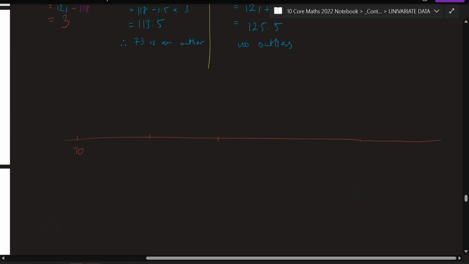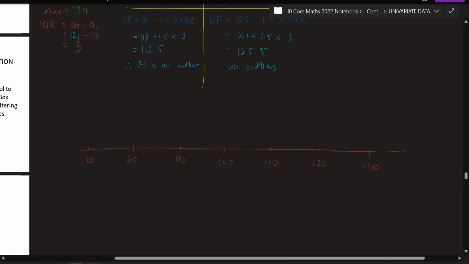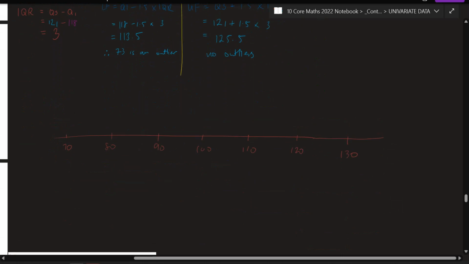I'm so sorry, my number lines suck. 80, 90, 100, 110, 120, and we'll go up to 130. The reason I want to go up to 130 is because it's going to include all of these numbers, so 70 all the way to 130.